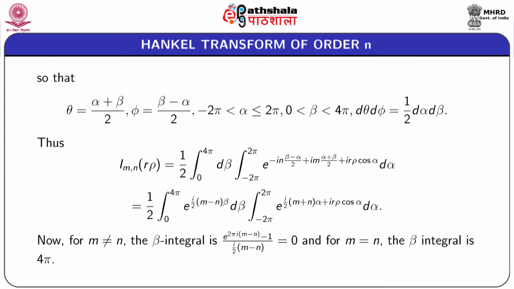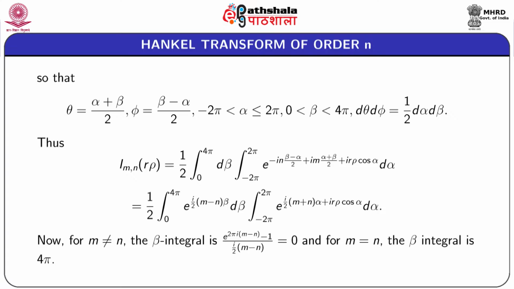So, with this substitution, I mn r rho becomes half integral from 0 to 4 pi d beta, integral from minus 2 pi to plus 2 pi e to the power minus I n (beta minus alpha by 2) plus I m (alpha plus beta by 2) plus I r rho cos alpha, d alpha.